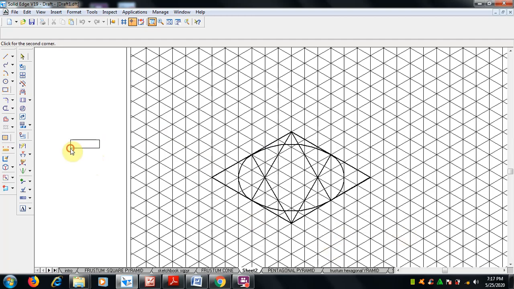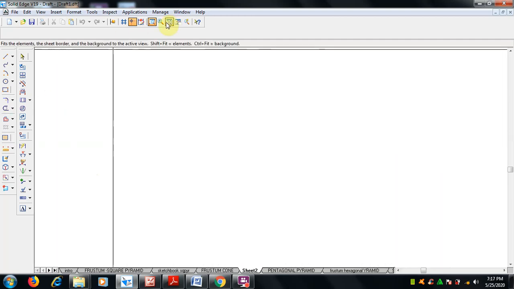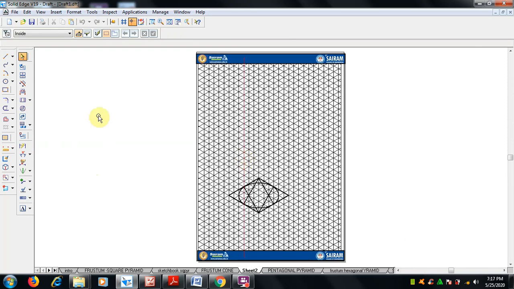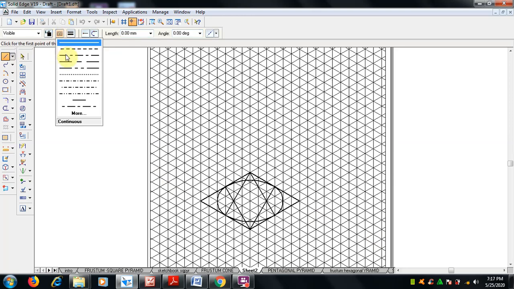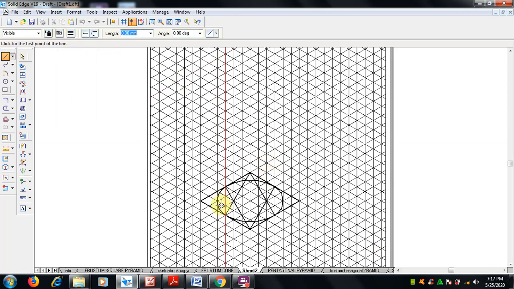So now we will get it. I'm just zooming it. Draw a line. Now center axis I have to draw. The center axis is from the center, so from where these 2 points will meet, otherwise we will draw the center to understand.